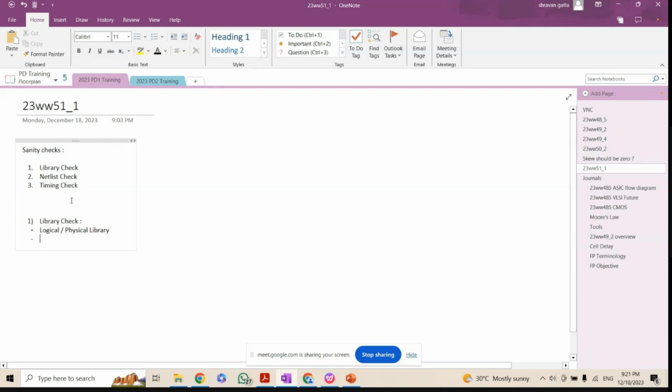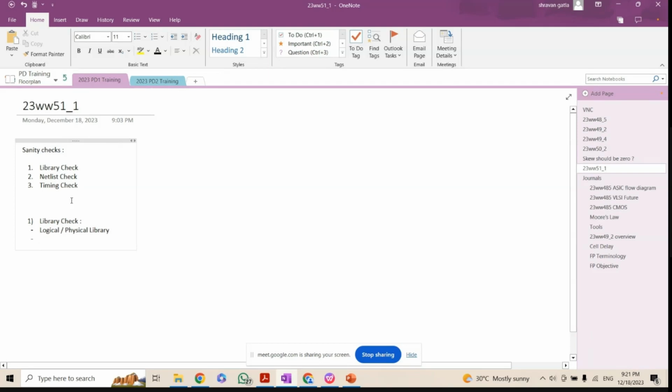If someone says your driver is not good, you should understand that my driver is driving some other cells, so maybe it is a low drive strength cell, or maybe there are some other reasons, and we need to check that. If someone says your receiver is not good, you should understand that this is my receiver and it is driven by some different cell. Okay, you should understand like this.